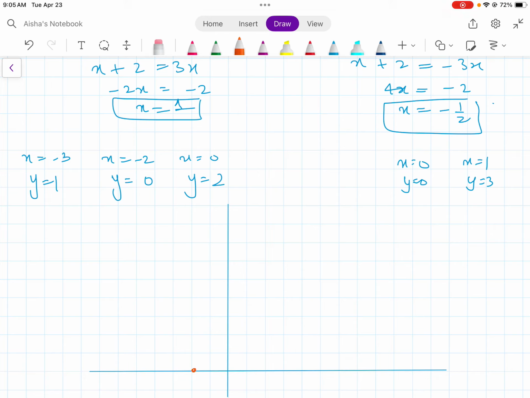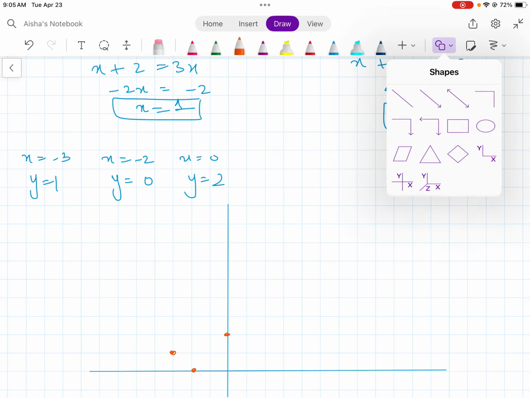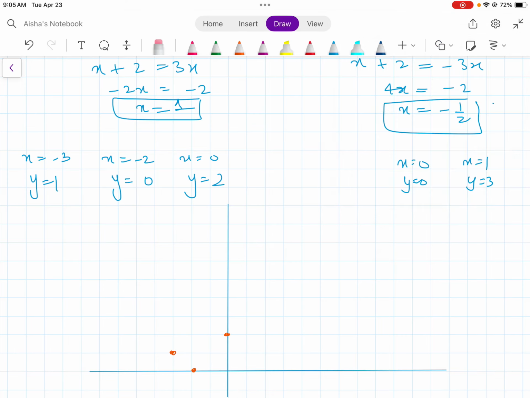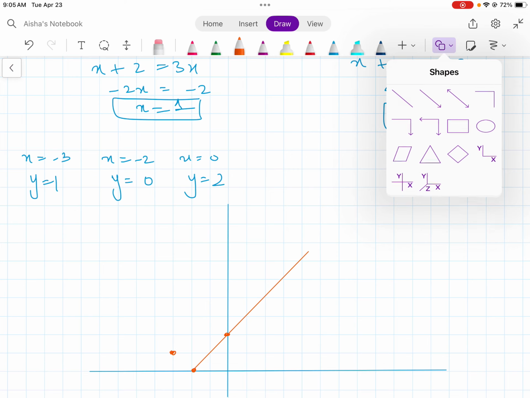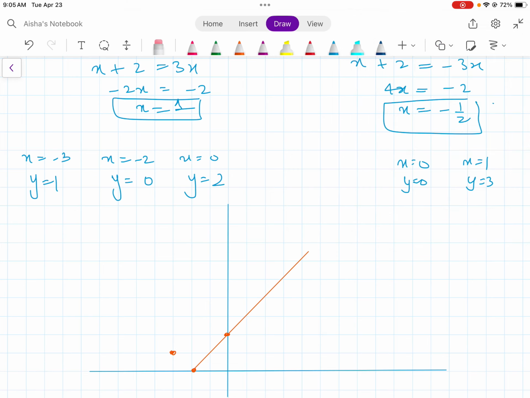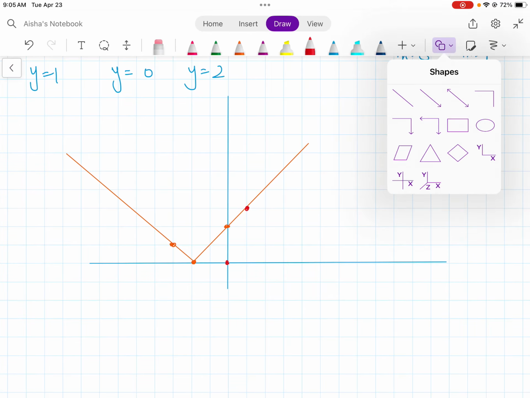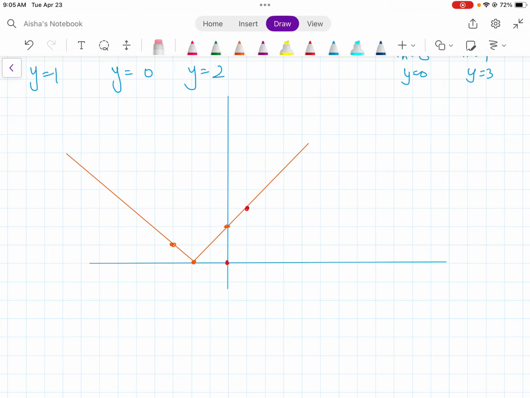At minus 2 it is 0, at 0 it is 2, at minus 3 it is 1. Okay, when x is 0, y is 0. When x is 1, y is 3. So this is my graph.